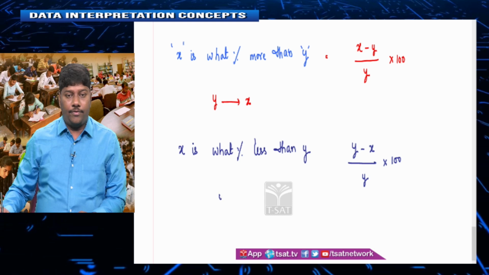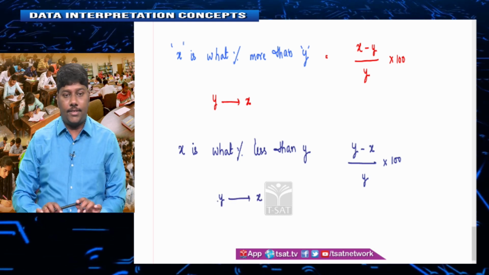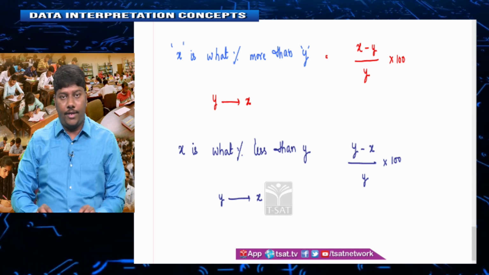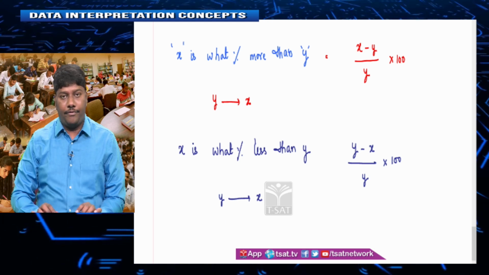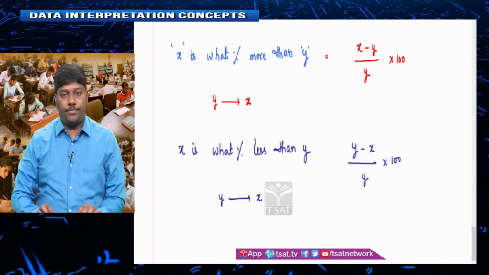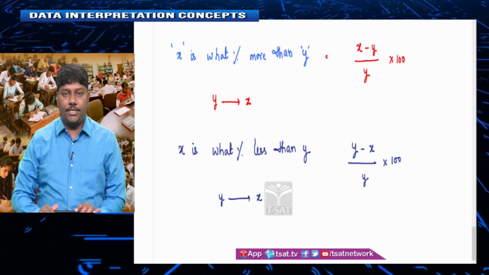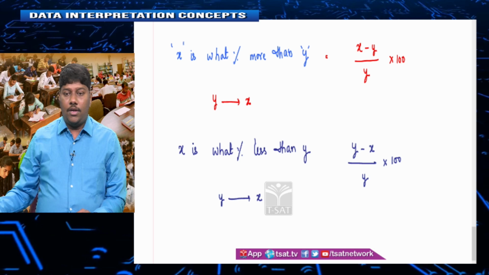Here also Y becomes X, but less means Y is decreasing. What is percentage decrease? Value decrease by initial value. Here also the initial value is Y itself. Therefore, Y minus X by Y into 100. So percentage increase or percentage decrease, percentage more or percentage less, both of them are the same. This is how they will ask you.